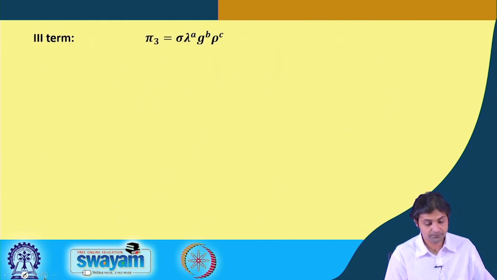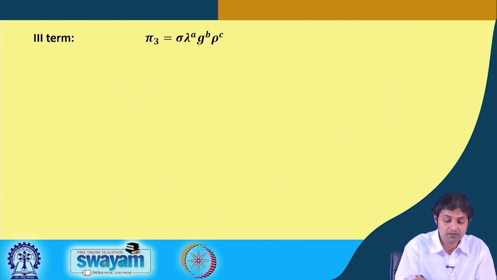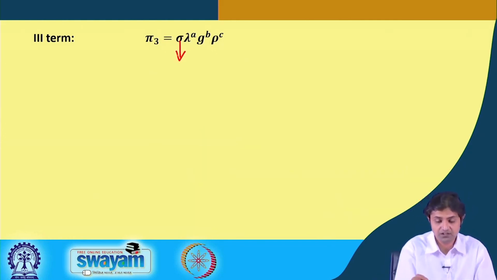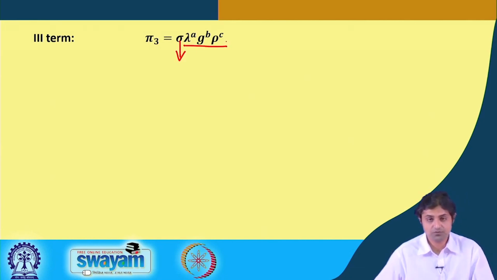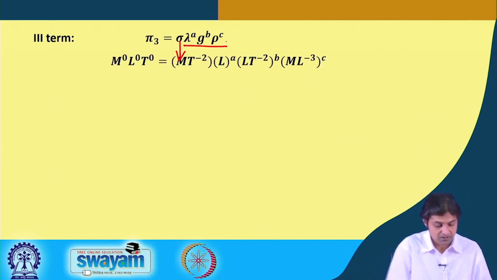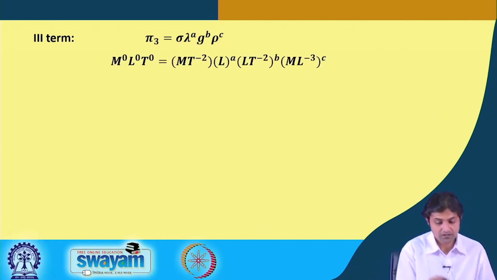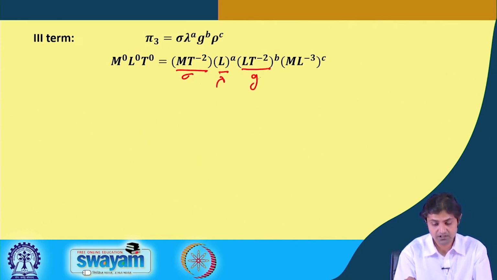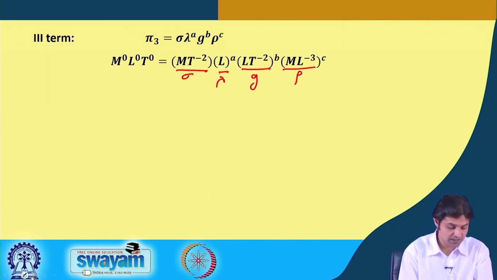All right. The third is going to be the third non-repeating variable sigma, that is the surface tension, and lambda to the power a, g to the power b, rho to the power c, with the same procedure. Sigma has its dimension, this is L for lambda, this is g and this is rho, and we calculate.